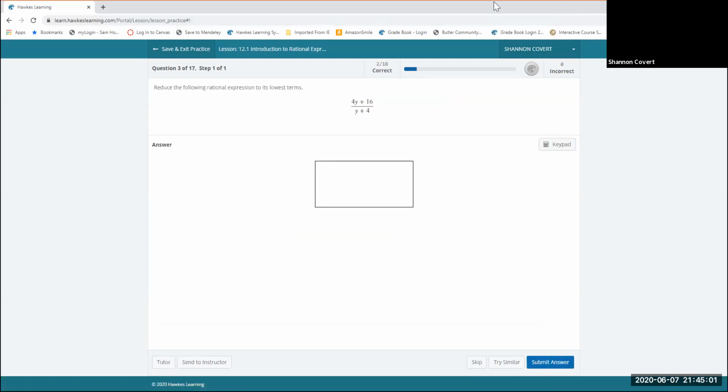Here we're asked to reduce the following rational expression to its lowest terms. So when you are reducing, there are just a couple of things that you need to remember. In order to reduce, you want to factor your numerator and your denominator.